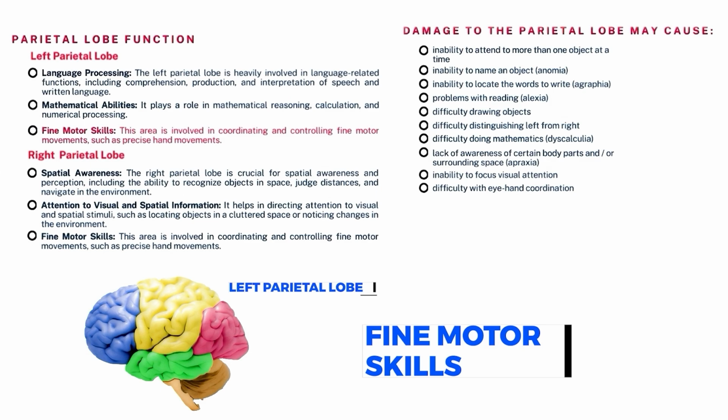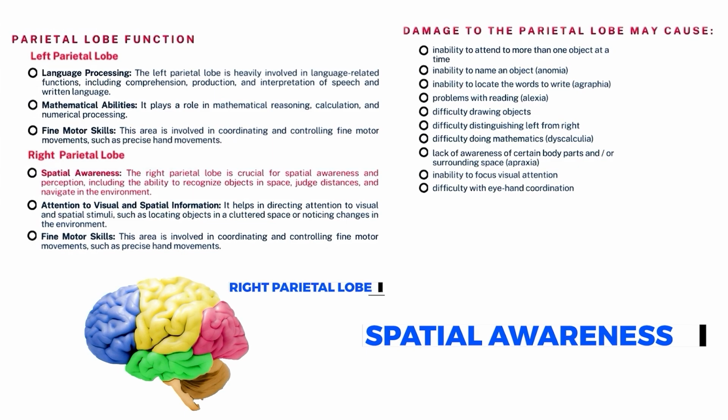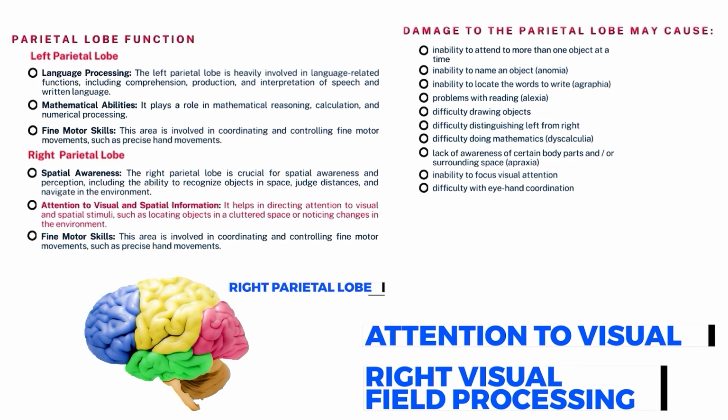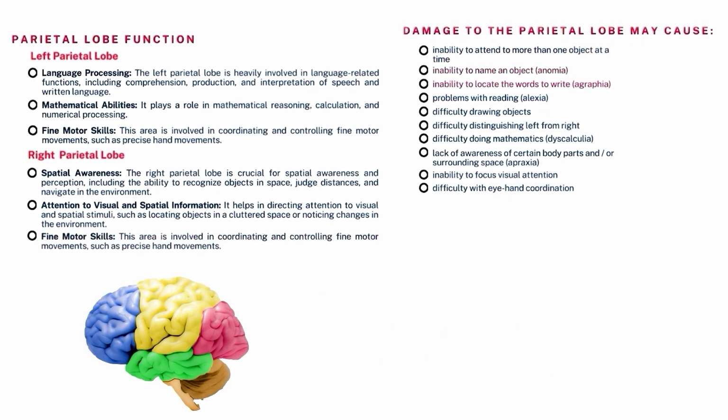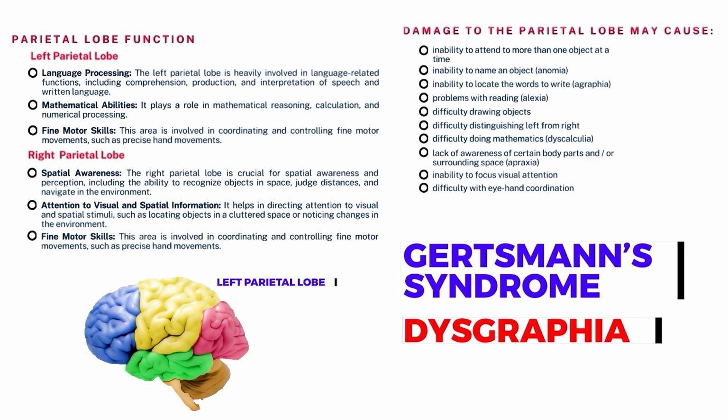The non-dominant parietal lobe shows spatial awareness, how things are around in space and judging distances. The right parietal lobe also has visual field processing and fine motor skills of coordination and precise hand movements, etc. Any damage to the parietal lobe may cause a corresponding defect, of which the important ones are Gerstmann syndrome and, in the dominant lobe, dysgraphia.